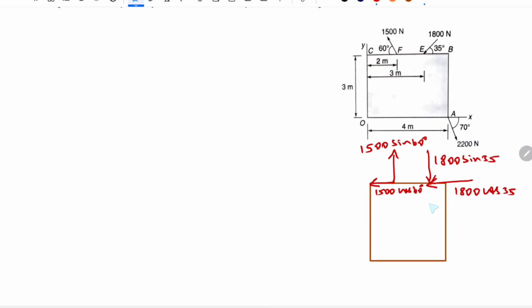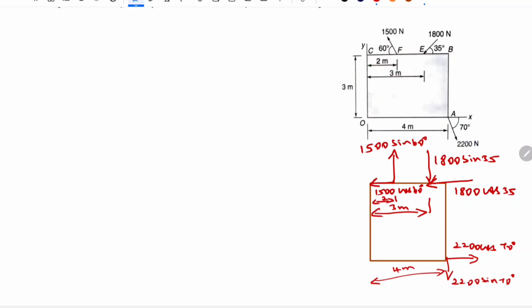Now, the distances are, this is 3 meter and this is 2 meter. Now, we have one more force here, which is 2200 cos 70 degree and 2200 sin 70 degree. And this distance is 4 meter.